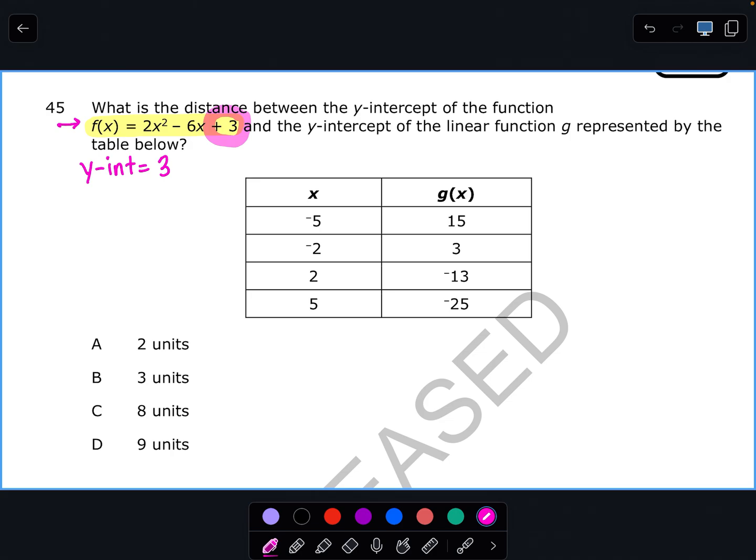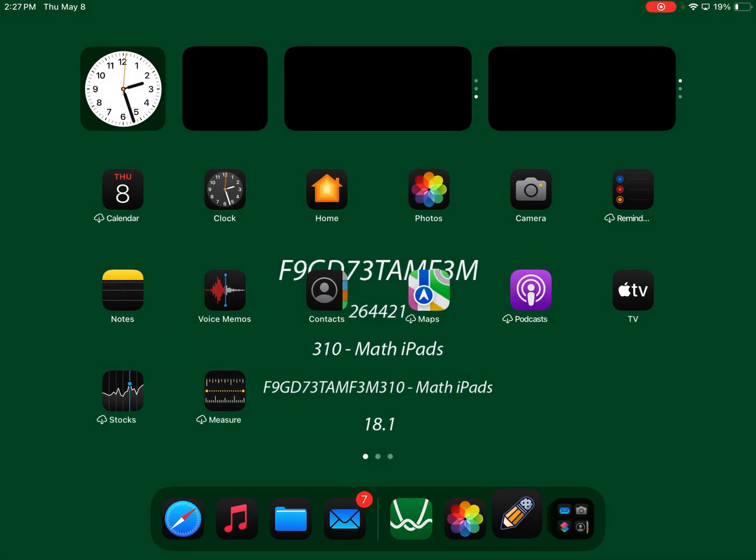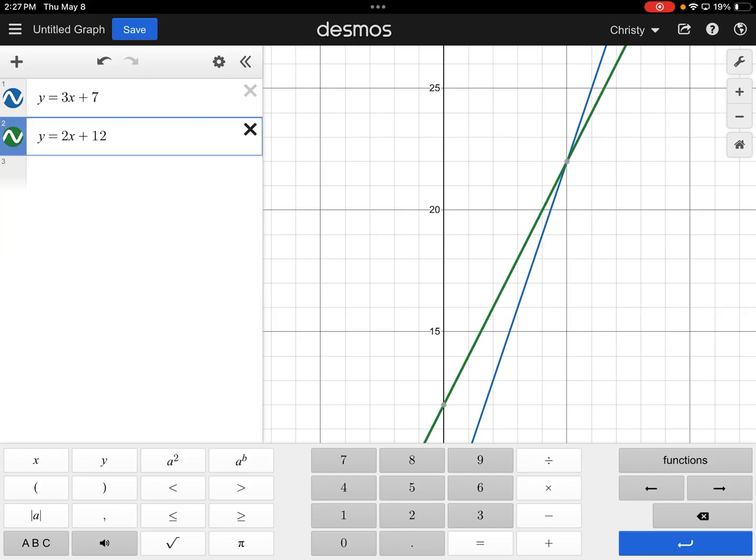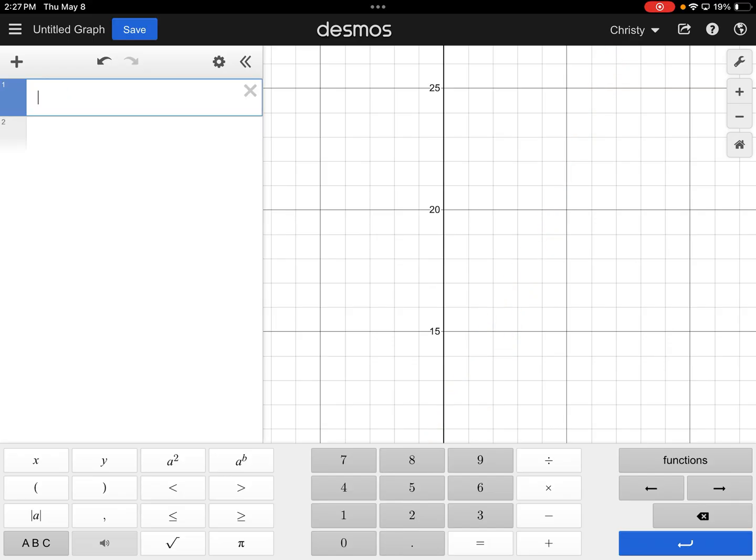Then it tells us that the table is a linear function. A couple things we could do. We could do it algebraically, but since I have Desmos, I'm going to take a picture of my data real quick and go over to my Desmos graphing calculator. Since we're looking for a linear function, we can do the linear regression.